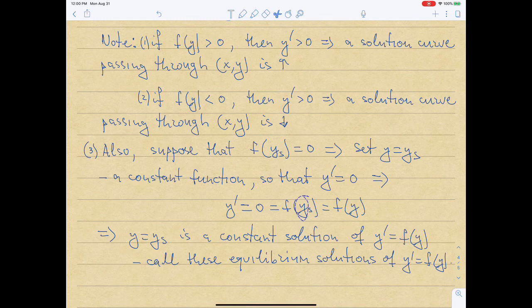If y is such that f of y is bigger than 0, then solutions should be increasing. If f of y is less than 0, then solutions should be decreasing. And going back to the third case, if f of y is equal to 0, then the function is just going to stay at the same level. So everything here is determined by the sign of f of y, so where it is positive, negative, or 0.